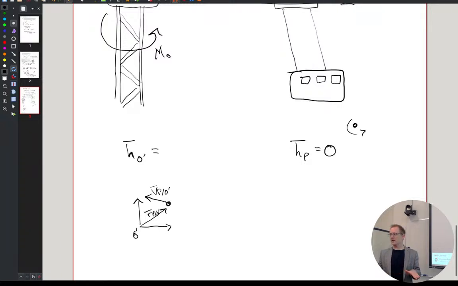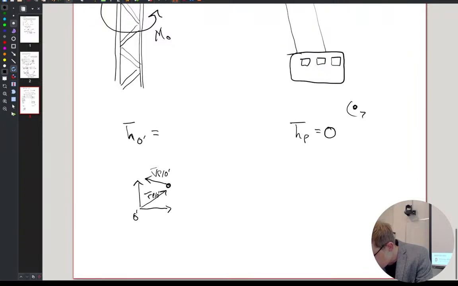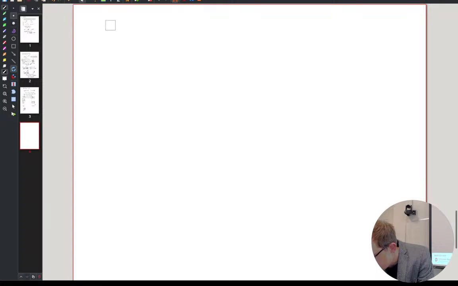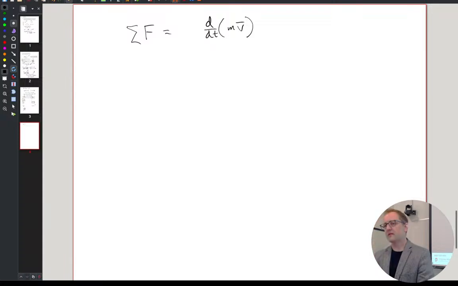All right, this is the cliff notes of the derivation of angular momentum. Yeah, let's put it on a new page. Sum of the moments is MA, right? Or sum of the moments is change in angular momentum.